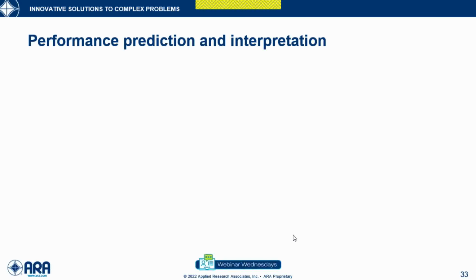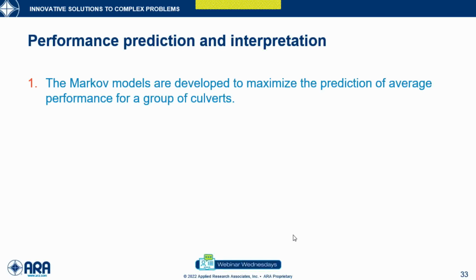So with that, let me just talk a little bit more about the performance prediction and interpretation. Really quick here, the Markov models, as I mentioned, were developed to maximize the prediction of average performance and not the individual culvert's performance. So the interpretation of that is very important, because the way it was developed is using the frequentist paradigm, and you can read more about the difference between frequentist paradigm and Bayesian paradigm.